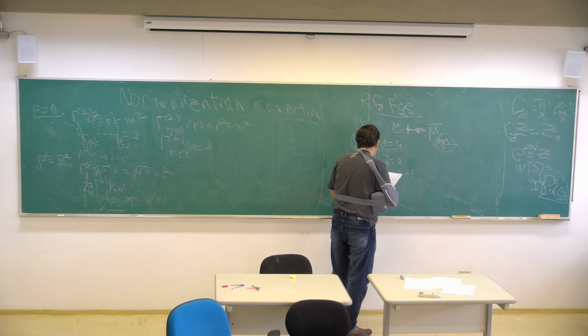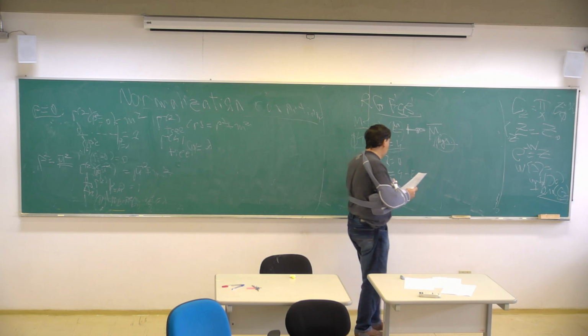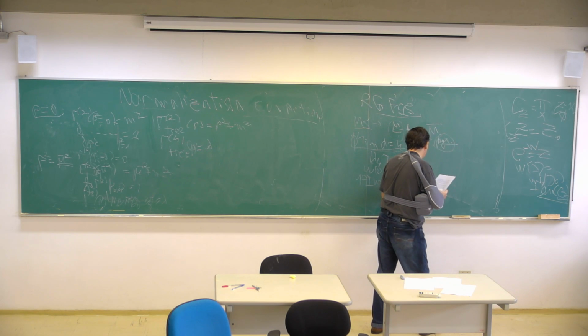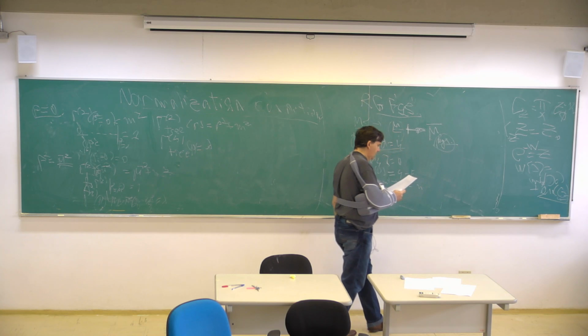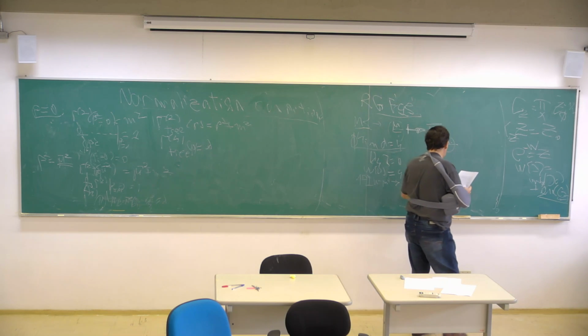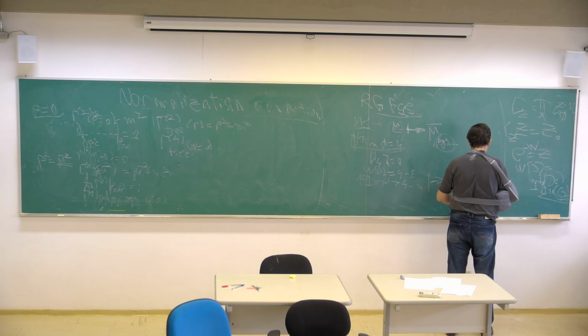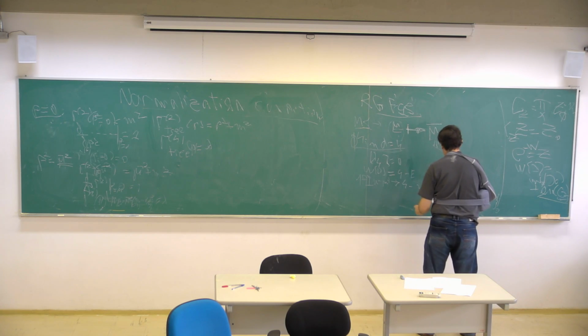So that means if I look for the n-point 1PI function, I will get 4 minus n.